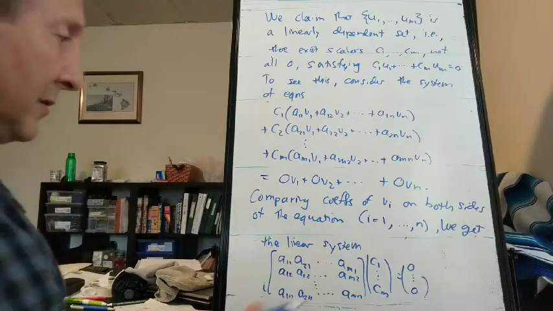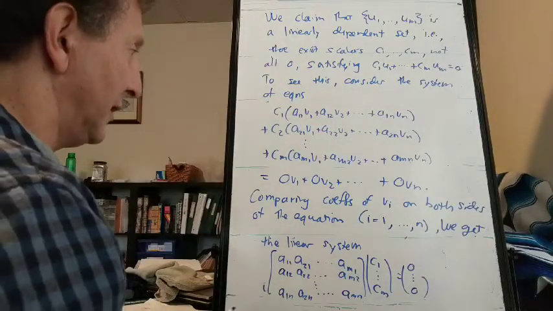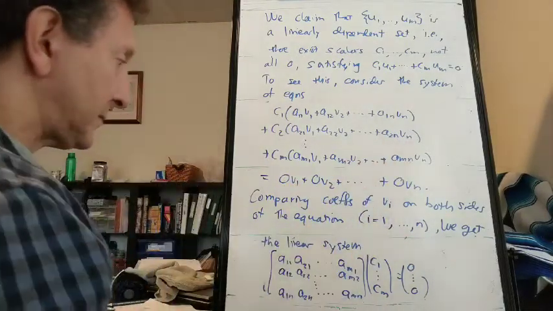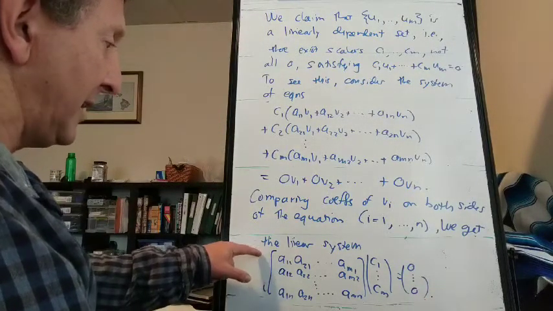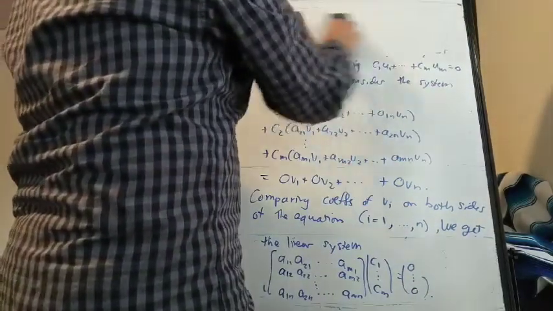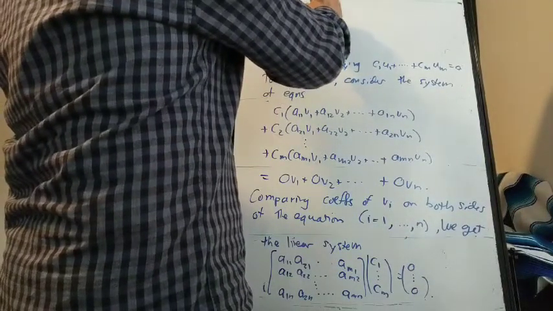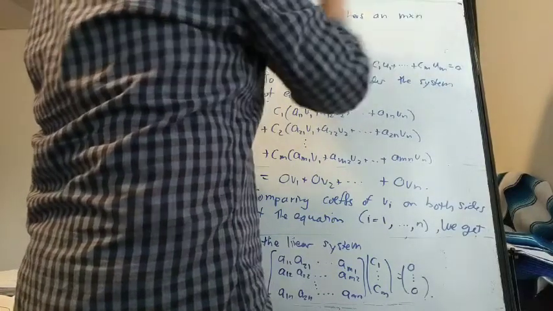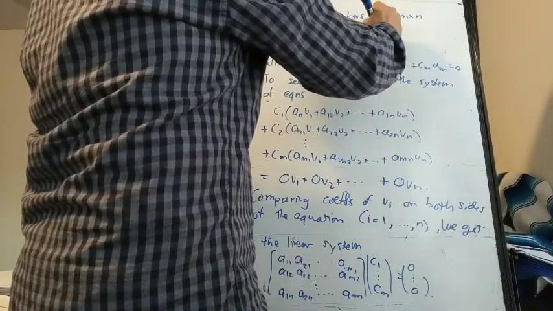So this describes all the relations between the coefficients that we have set up, comparing coefficients of v1, then v2, then v3, etc. Now this is an n by m matrix, with m greater than n.